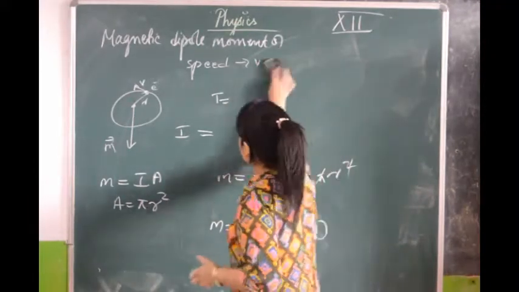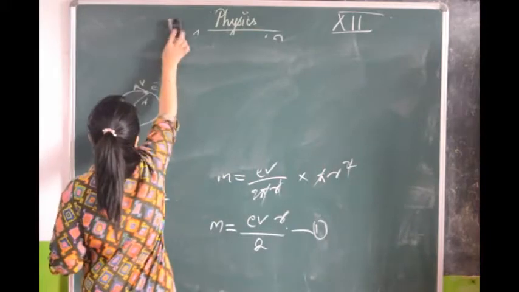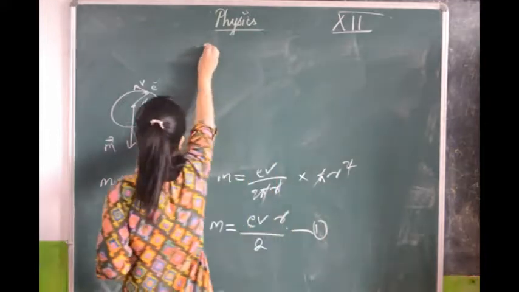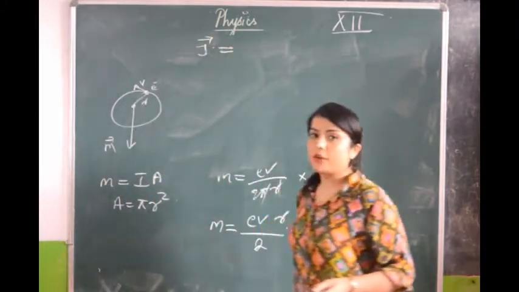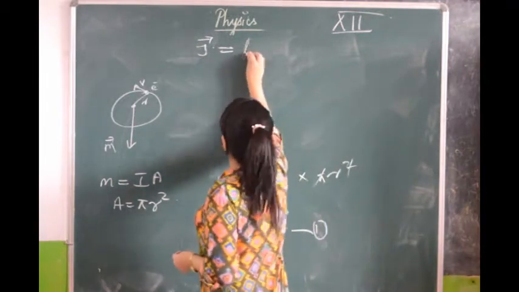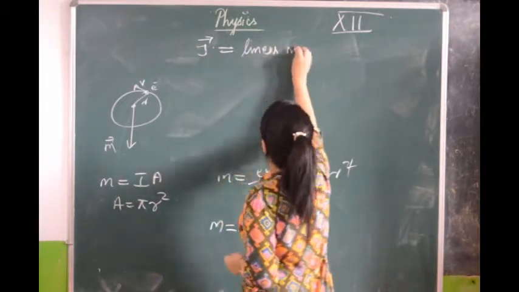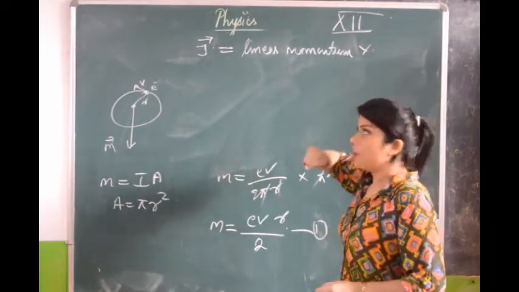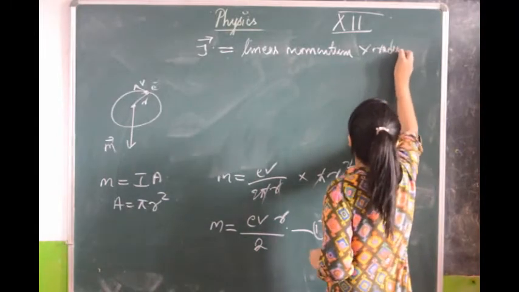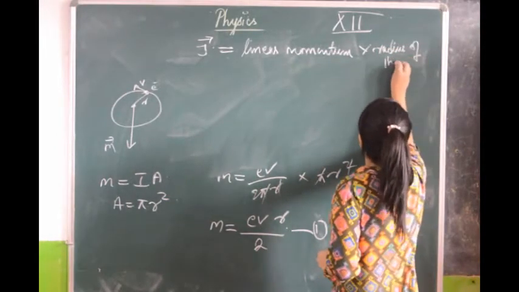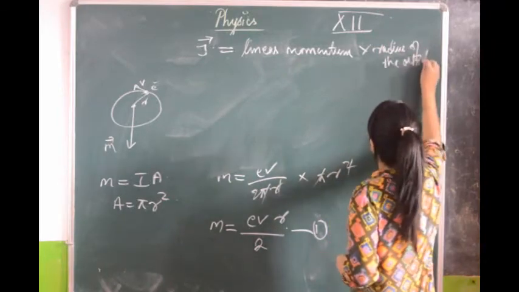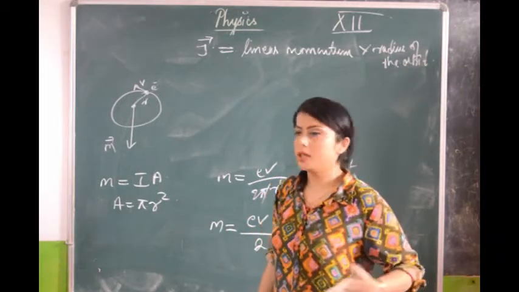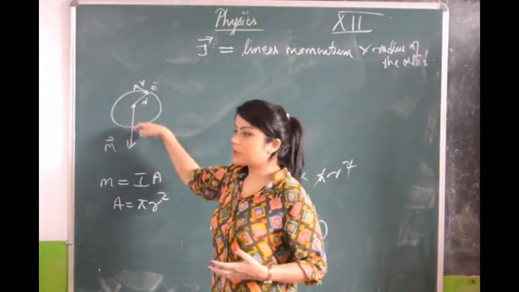The formula for orbital angular momentum will be linear momentum into the radius of the orbit. Unlike linear momentum, in orbital angular momentum the radius is continuously changing.